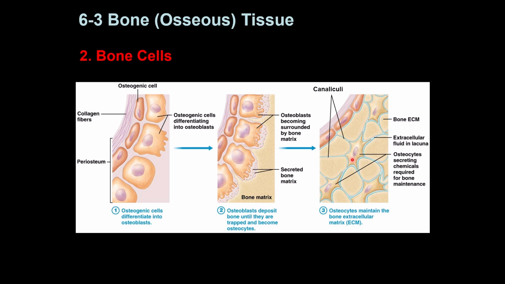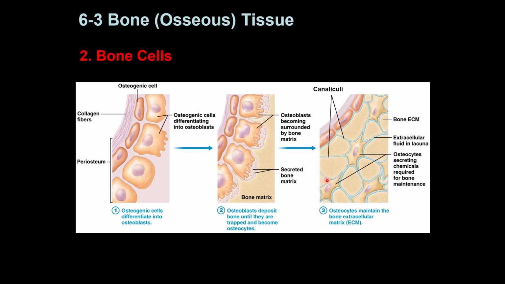So how do these cells get their nutrients? They get them through these small canals, which are called canaliculi. You see that they are surrounding the osteocytes. Nutrients come through the blood vessels that are either in the periosteum or inside the bone.